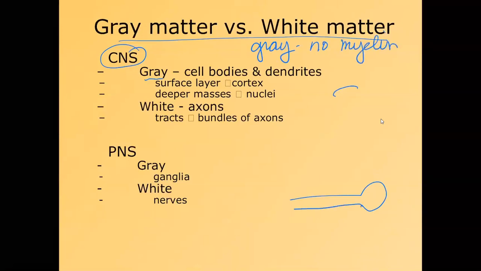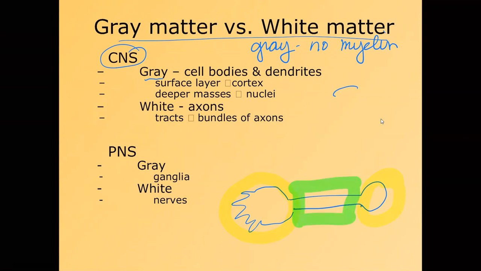If we look at this, and there's my Bart Simpson neuron, the parts that are gray are going to be the dendrites, the cell body, and the synaptic knob. The part that's going to be white is going to be the axon.